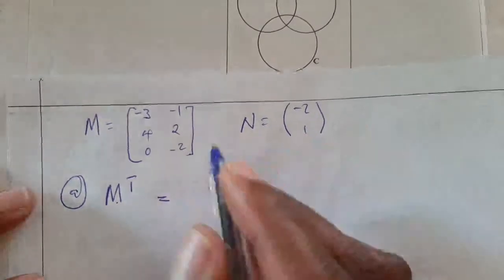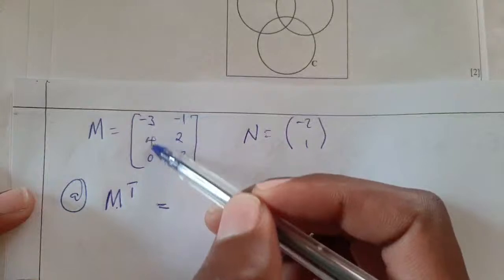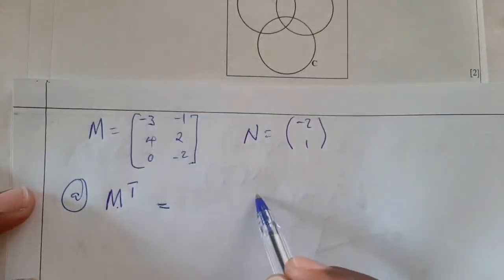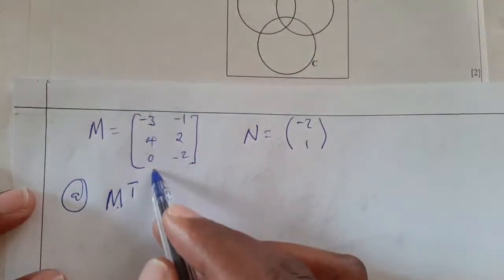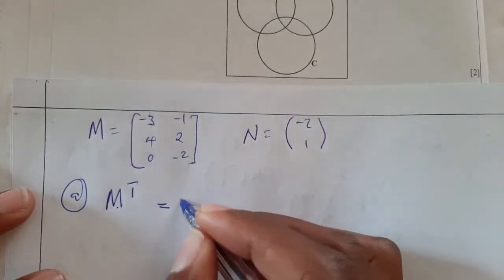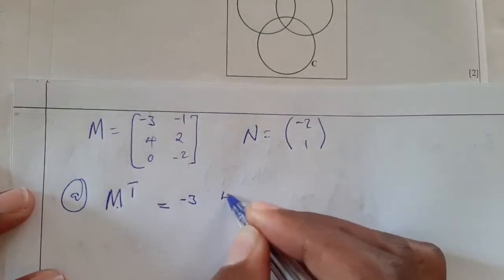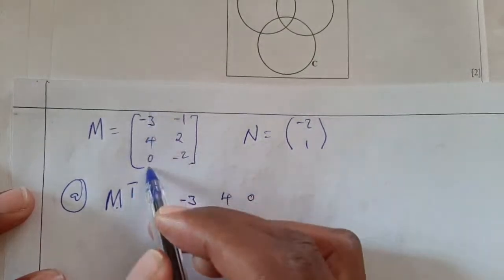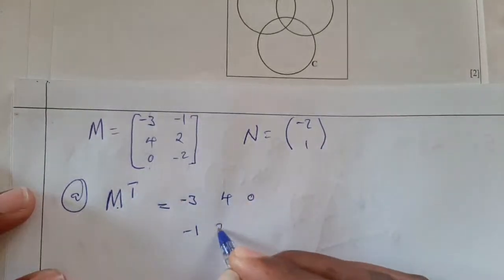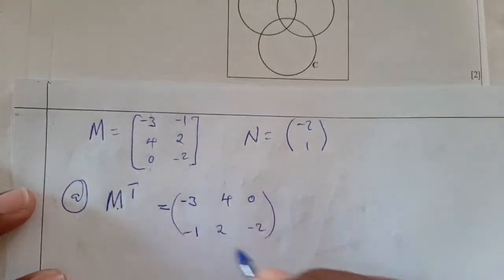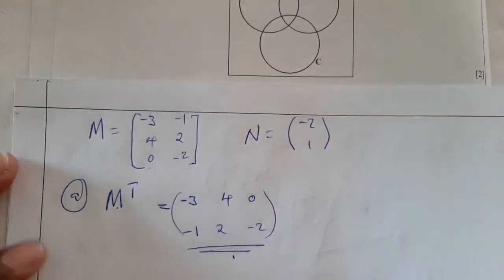So in this case, a column like this one will be changed into a row. The same applies to this column. So this first column will be the first row. So we'll have elements like negative 3, 4, and 0. So I've interchanged this from a column to a row. Same, negative 1, 2, and negative 2. So this is the final answer there.